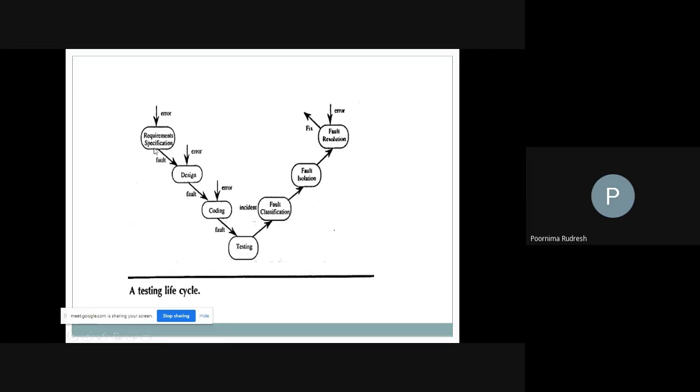And hence, this stage we are calling inputting the errors, and this stage we are calling outputting the errors. Why? Because inputting the errors means that during the product development or design, there is a chance that errors may occur during the coding or the design phase.